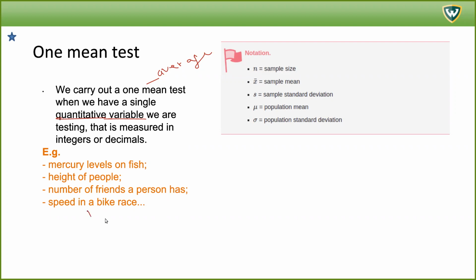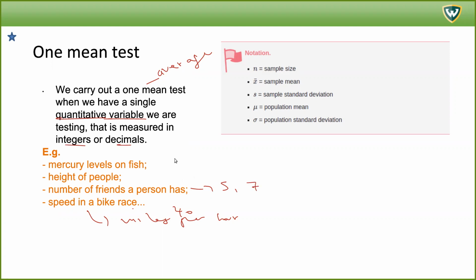Speed in a bike race, maybe we measure this in miles per hour, so maybe it's 40 miles per hour. It's probably too fast, but 40 miles per hour. Number of friends a person has is just an integer, so maybe it's 5 or 7 or 11. Height of people. All of these are measured in different units, but they're all integers or decimals.